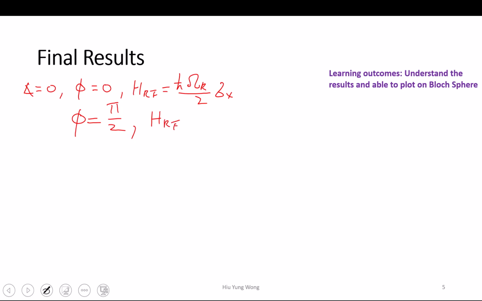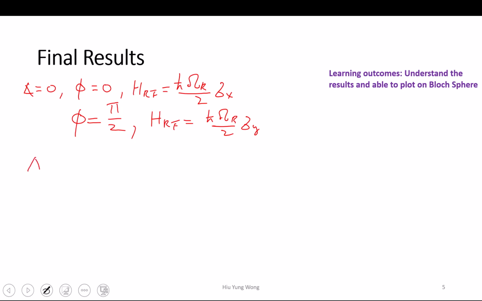Then the Hamiltonian becomes h bar omega R divided by 2 sigma y. Basically, you see that I just changed the phase. I can effectively do the rotation about the y-axis or about the x-axis, right? So here you see how they control the qubit, right?